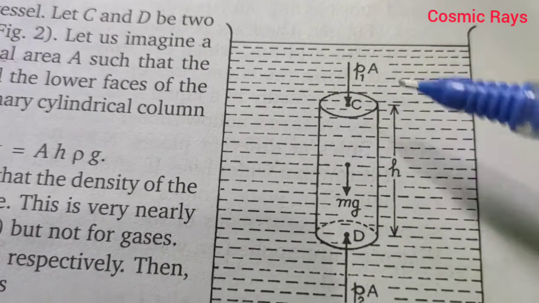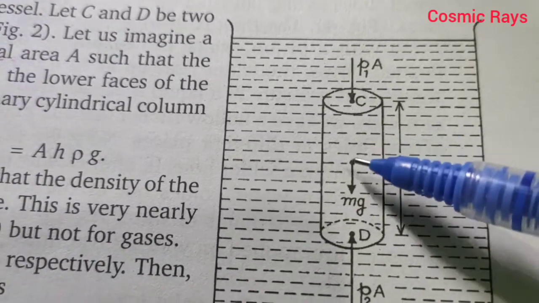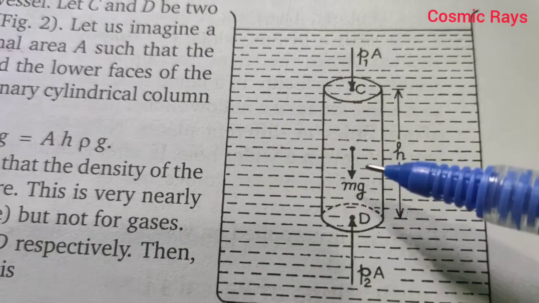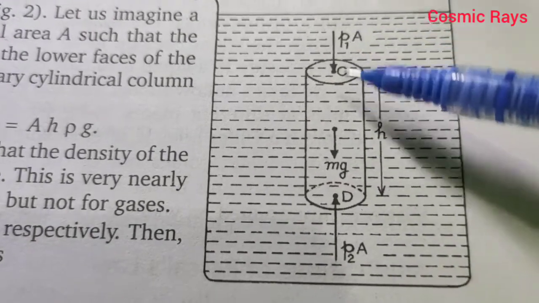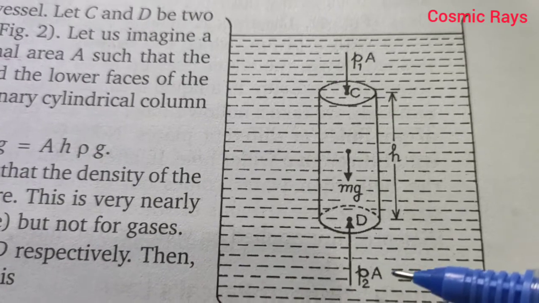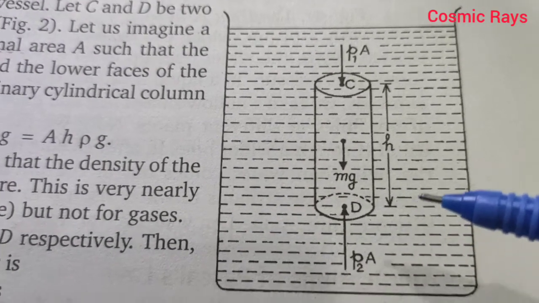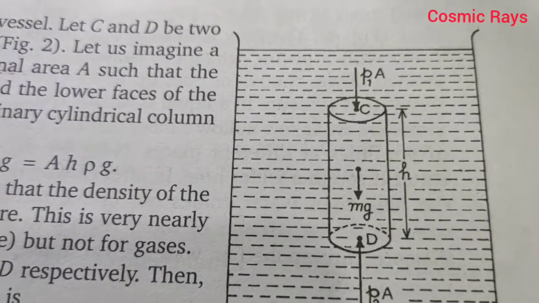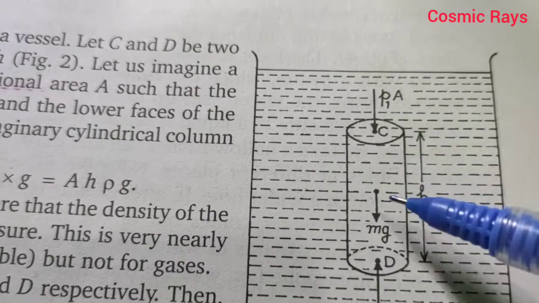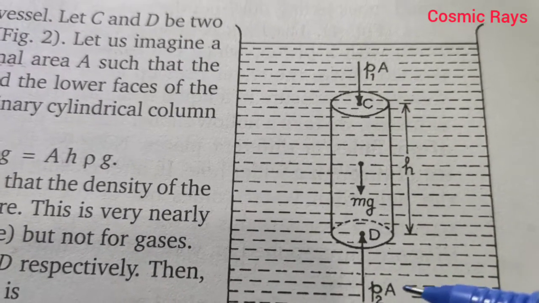Then we have pressure 2 multiplied by the area, and then we have the weight of the body which is also acting downwards. So these two forces are acting downwards, and this particular force, that is P2A, is acting upwards. To find out the total force, we add these two up because they are acting in the same direction, and then we subtract this.